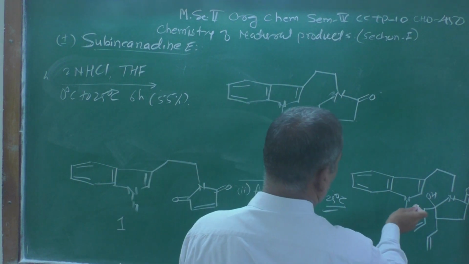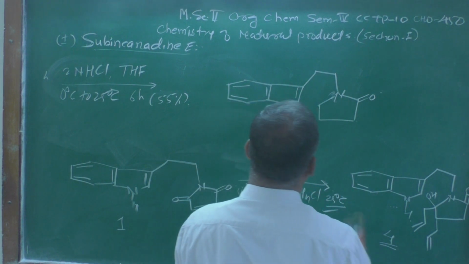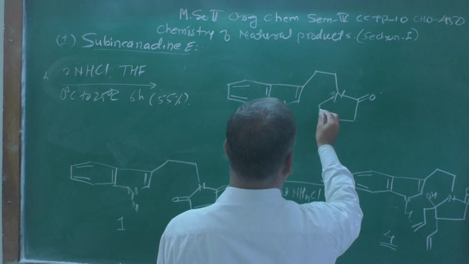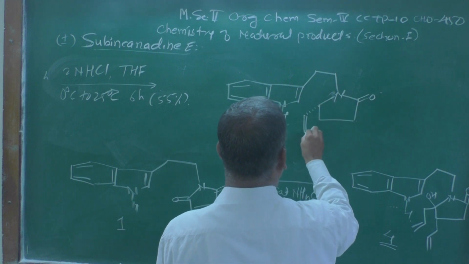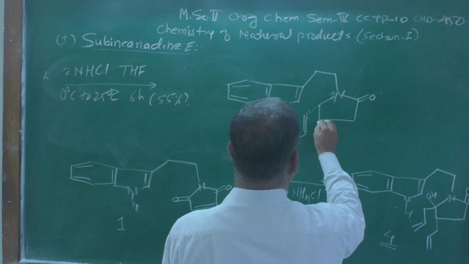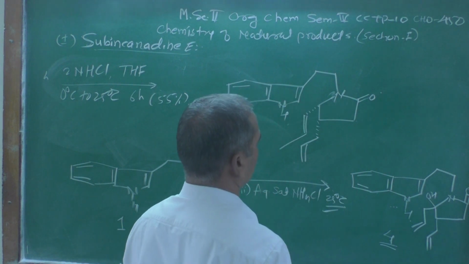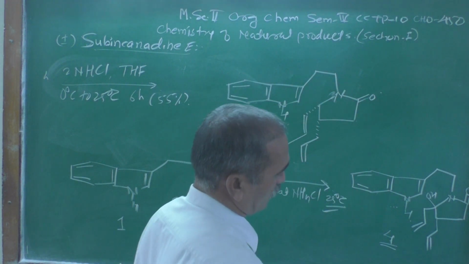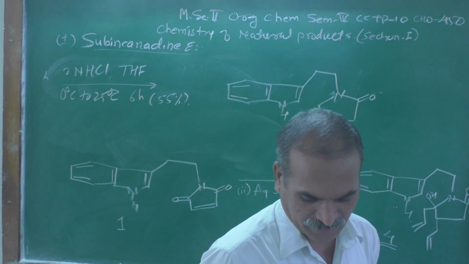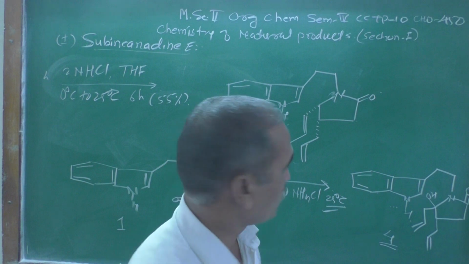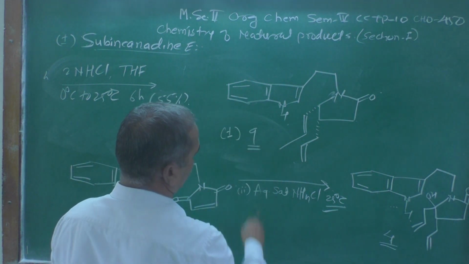This is a lactol type, the number 4 is a lactol we can say, and there is a lactam where the bonds are here, double bond is shifted over here. If you observe this structure carefully, the position of the double bond you can keep in mind, and this is the structure number 9.